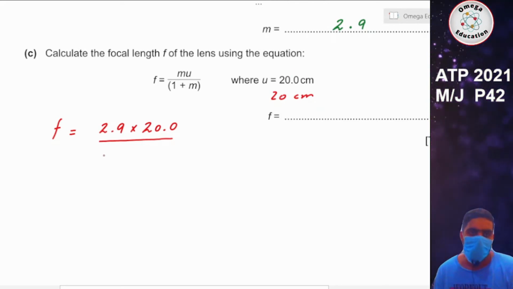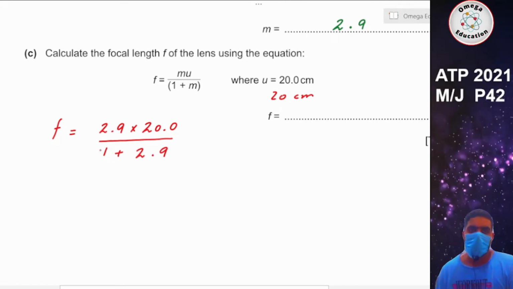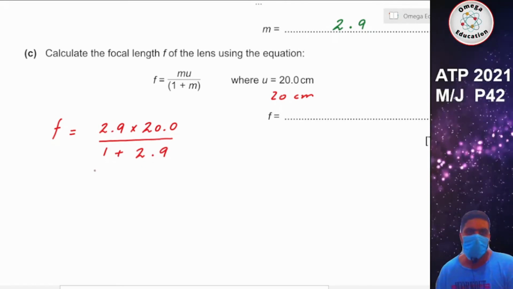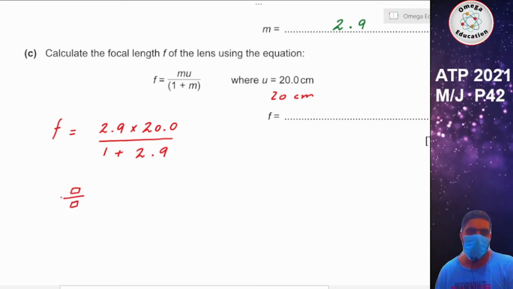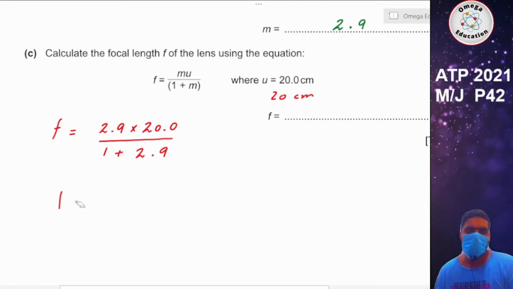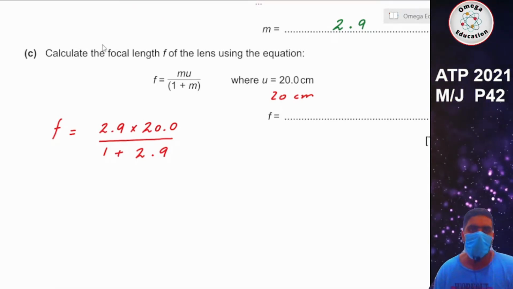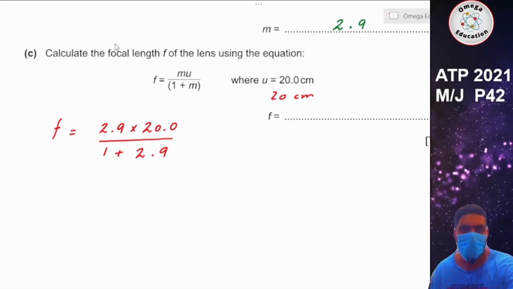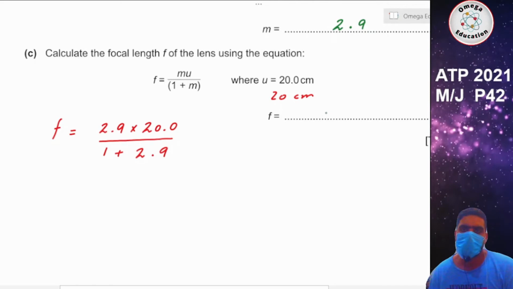So 1 plus m, m is once again 2.9. Whenever you have a situation like this, you always hit the fraction button first on your calculator and insert the whole of the data as it is. And what do we get here? 14.87.